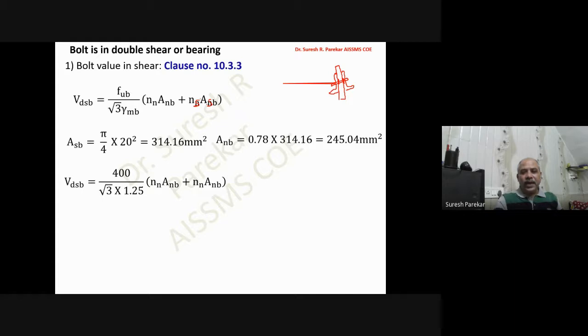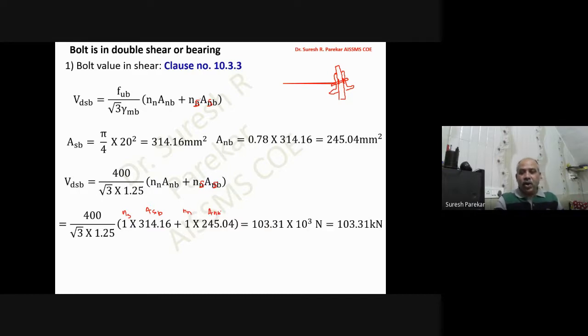From this we are going to get the value of Vdsb, equal to 400 upon root 3 into 1.25 into 1 into 3.1416, so we have ns Asb and nn Anb. From this we get a value equal to 103.31 kilonewtons. Now this is the first one.